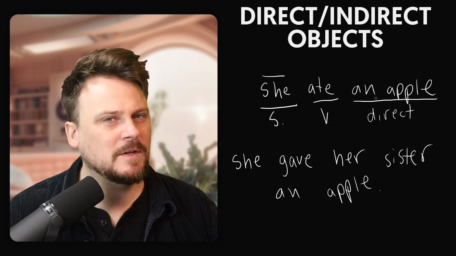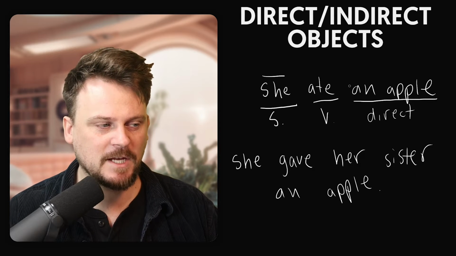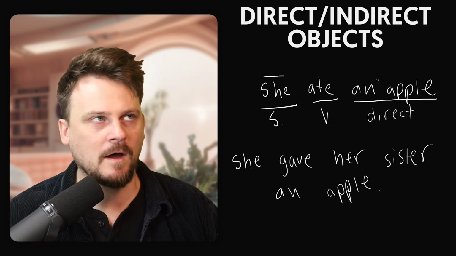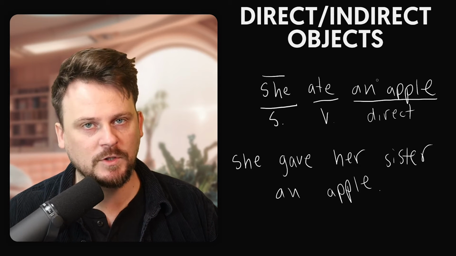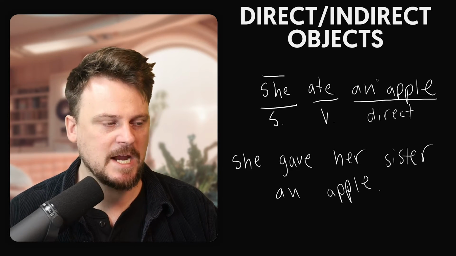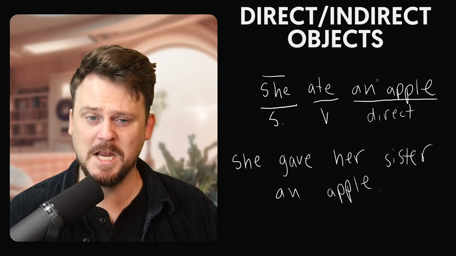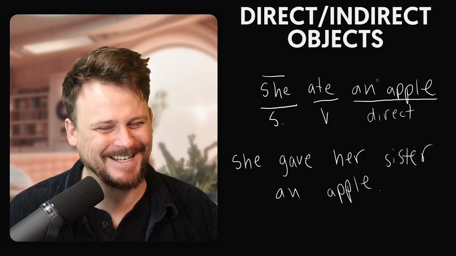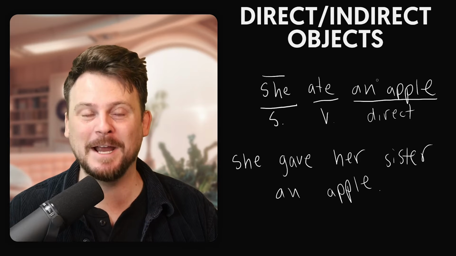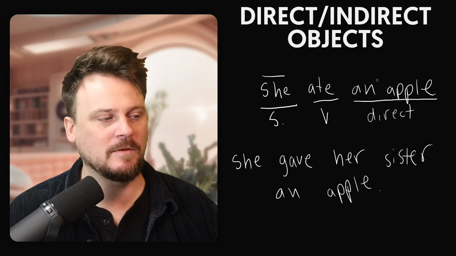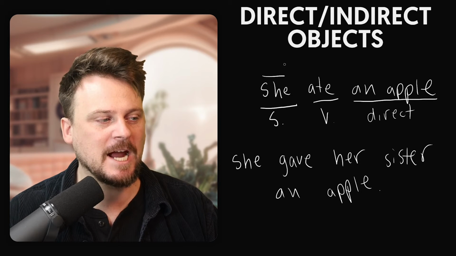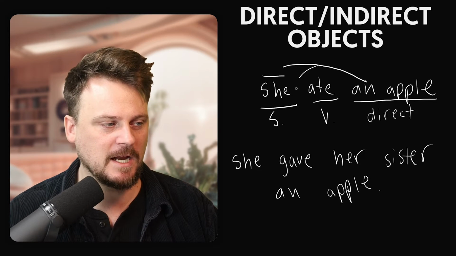So most of the time, in this case, we're not bringing in other things, other objects. Now, I suppose you could say, for example, she ate an apple for me. Technically, that's grammatically correct, right?